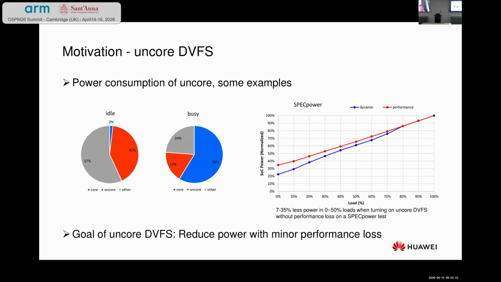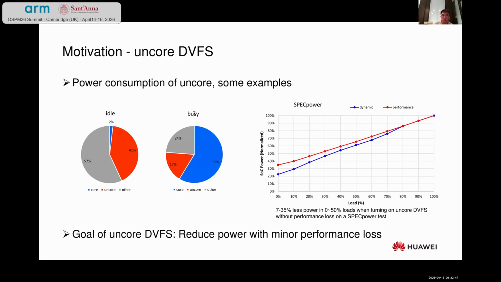So this shows some room for us to save power. For the fully busy case, because it's almost totally core-bound, we can lower the uncore frequency to reduce some power out of this 17%.